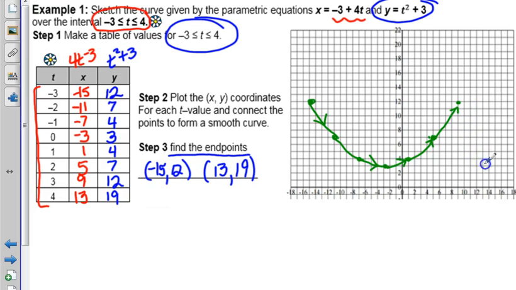And 13, 19. All right. And you just need at least a couple arrowheads on there to indicate the direction. There's no magical number of arrowheads you need. I'm not sure how accurate mine is, but did everybody get something that looks kind of like this?